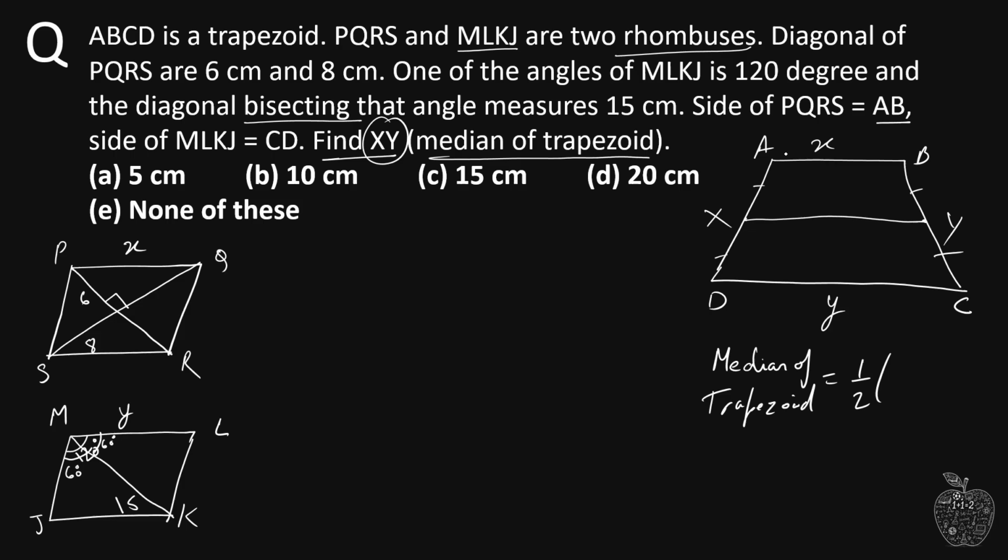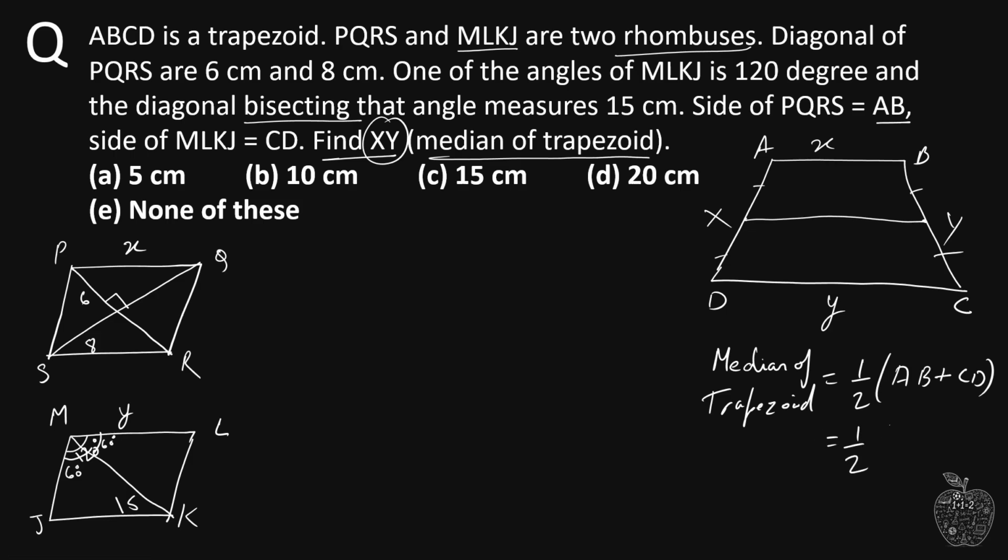So here the parallel sides are AB and CD, so the sum of the parallel sides will be AB plus CD. There is a proof of this formula. There are a lot of videos out there, you can check it out, but for the sake of solving this question I'm just writing it down that the median of a trapezoid is half of the sum of the sides that are parallel to each other.